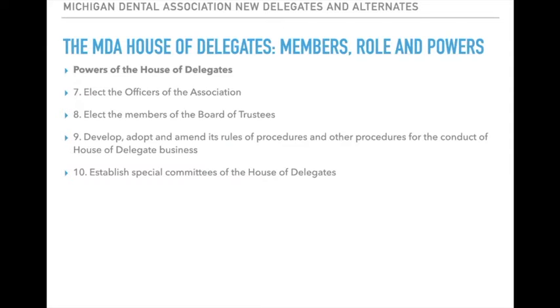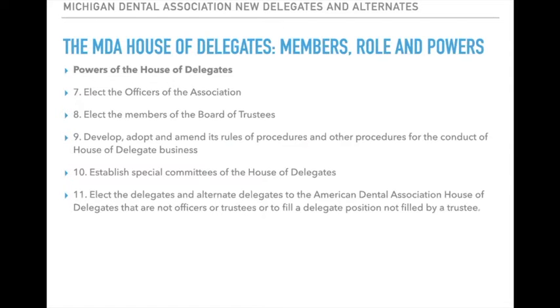And that's why we've been on Zoom now for 3 years. And a lot of our committees are doing that as well. But that's all because of a special committee that was appointed by me, acting on the House of Delegates request. Next, the House elects the delegates and alternate delegates to the American Dental Association, House of Delegates.